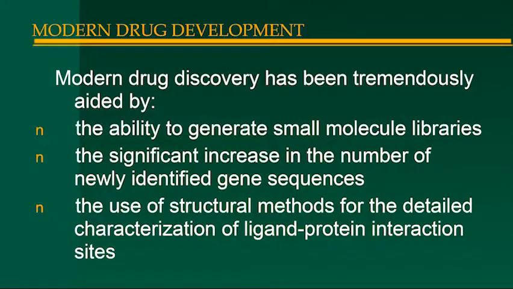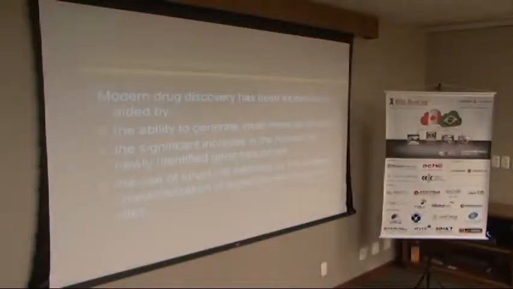And finally, the use of structural methods for the detailed characterization of ligand-protein interaction sites has significantly enhanced our ability to design and produce a new drug. We also have new methodologies, new models that allow us to discover drugs at a faster pace.